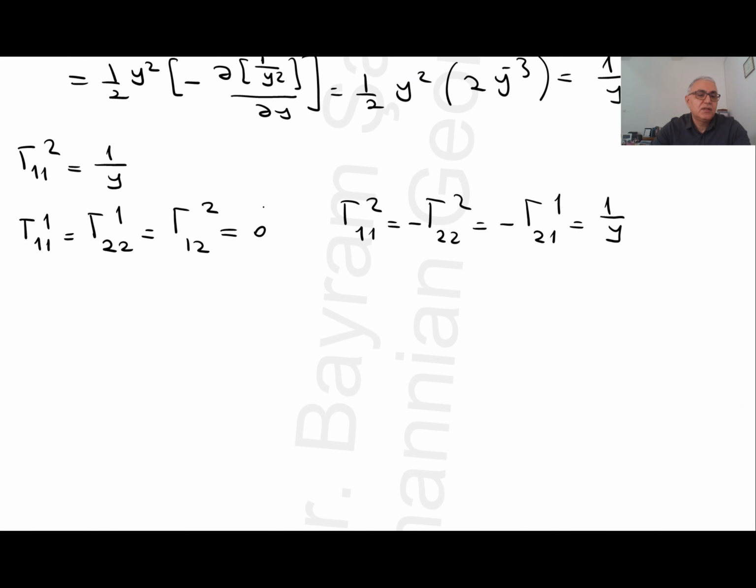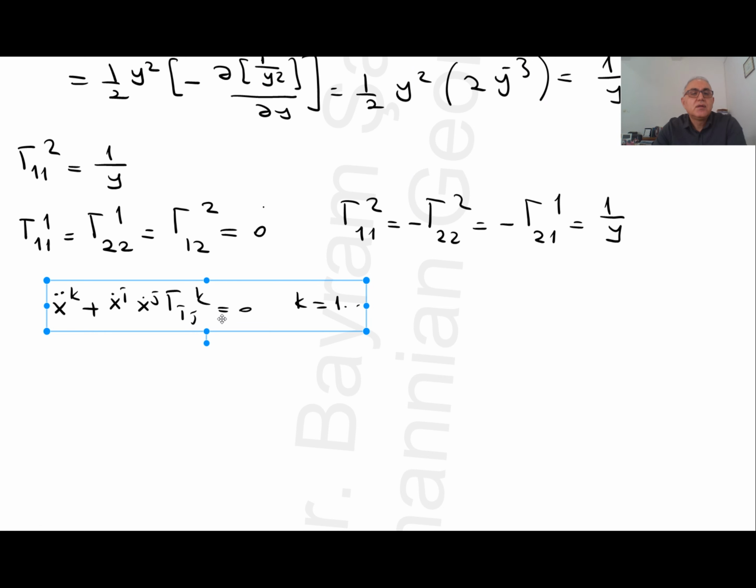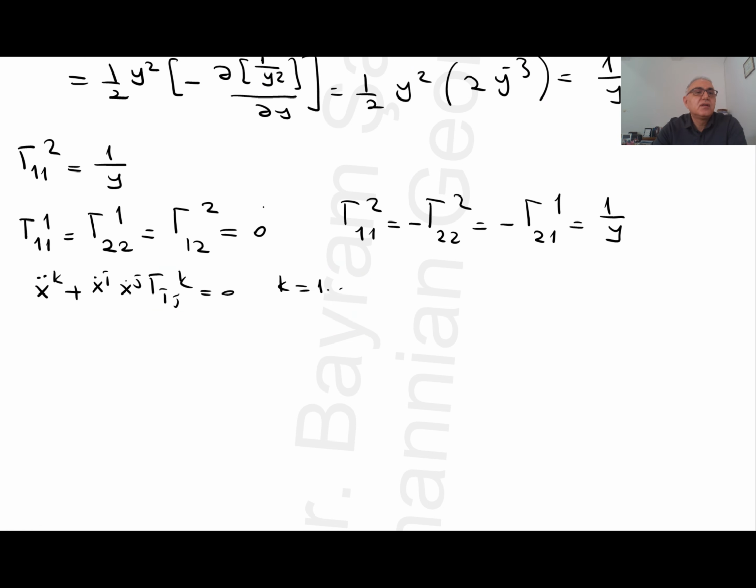For k equals 1 we have x'' + Γ^1_ij x_i' x_j' = 0, and for k equals 2, y'' + Γ^2_ij x_i' x_j' = 0.